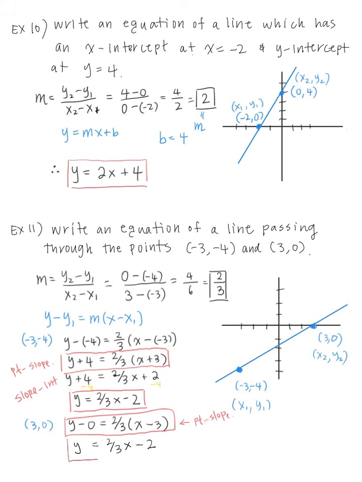So notice that slope-intercept form, no matter which ordered pair you take, turns out to be exactly the same. I can't even write right now. But anyway, I just wanted to let you know that part.